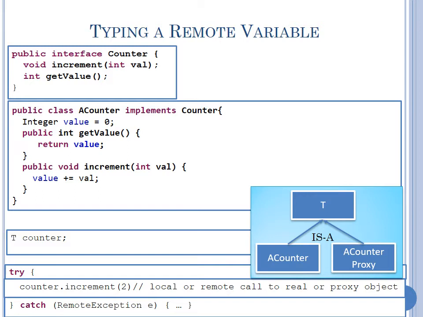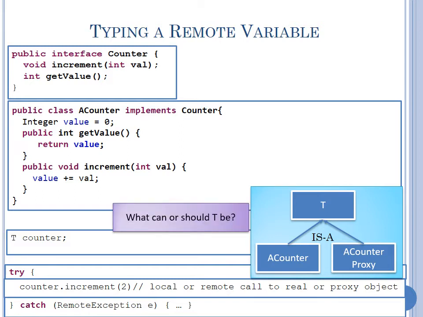That proxy is created by the system, and it may or may not tell us what the name is. So for now, we'll just give it the name a counter proxy. Given that there are these two classes, we need both of these classes to be special cases of this type T. That's a constraint on any answer we provide for T.